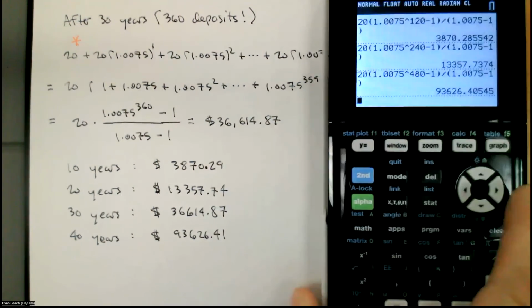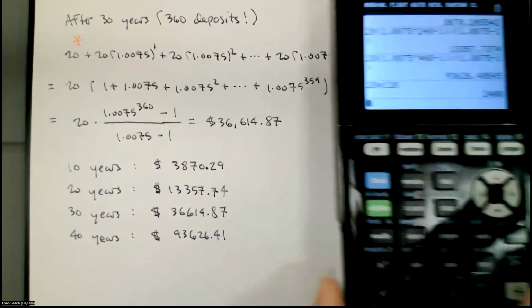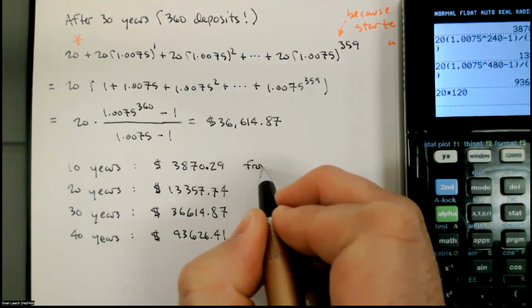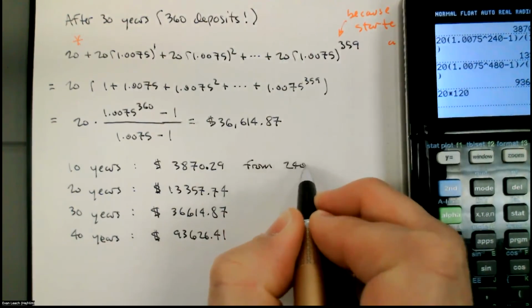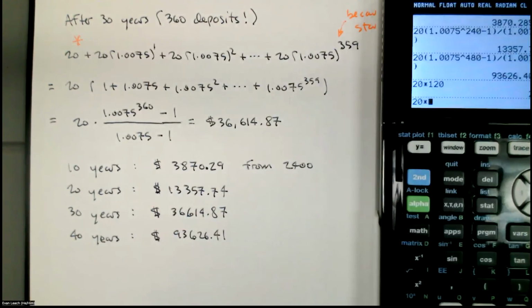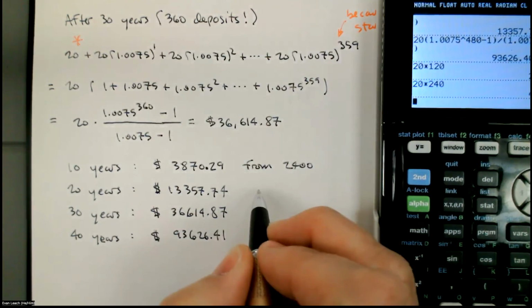This 3870 came from 20 times 120, 2400. This 13357 came from 4800.